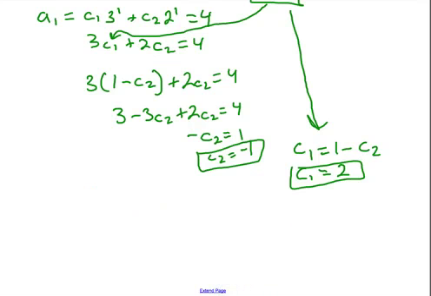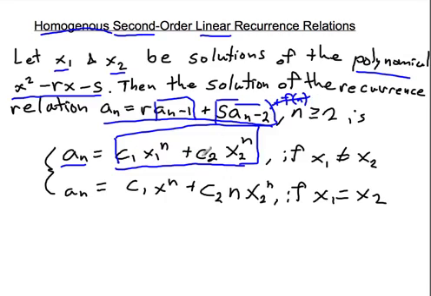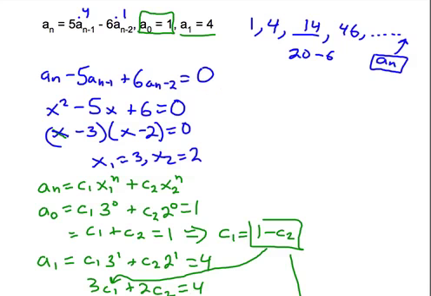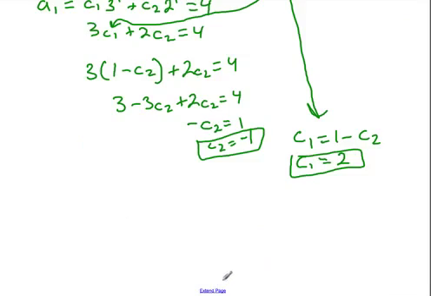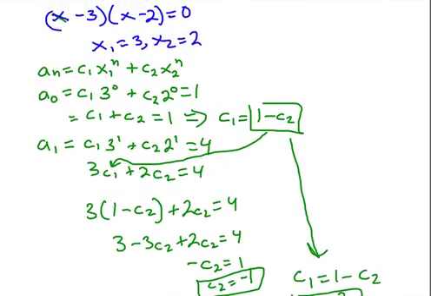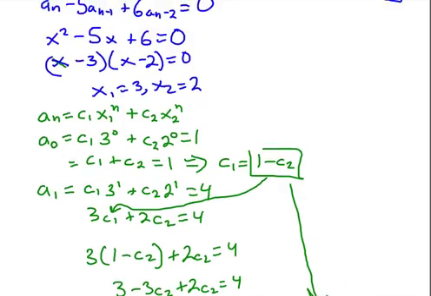And now finally, by using our equation again, we get a sub n equals c1, which is 2, times x1. Let me go back and see what that is. So x1 is 3 and x2 is 2.